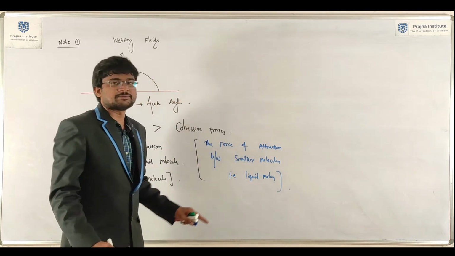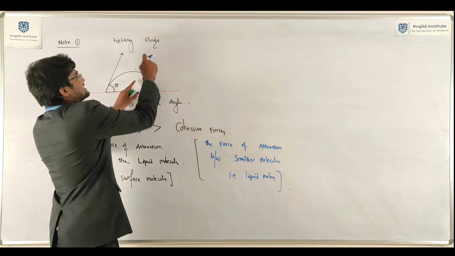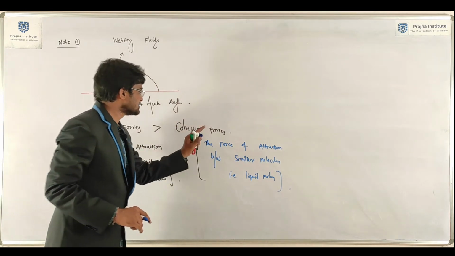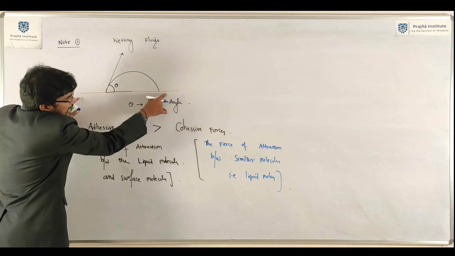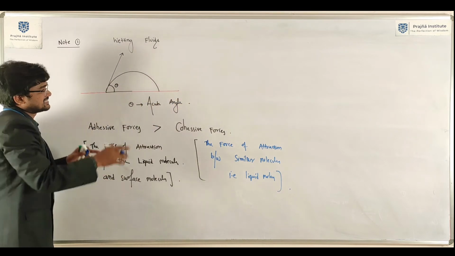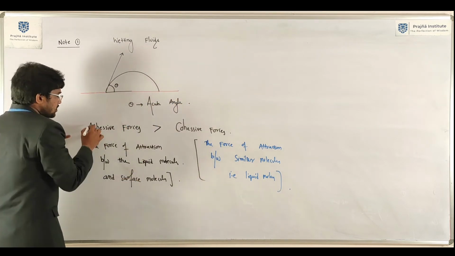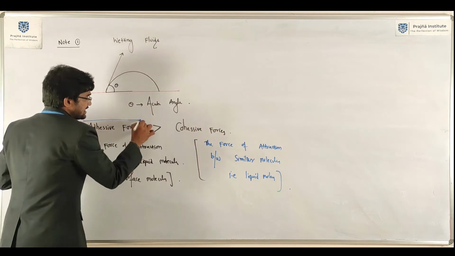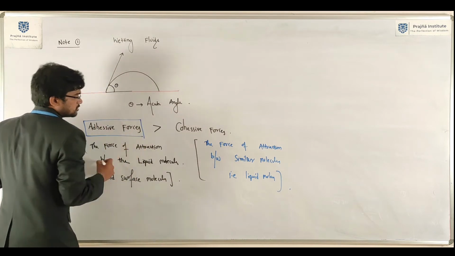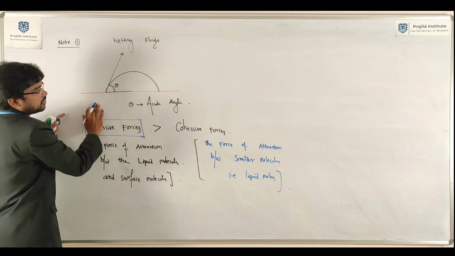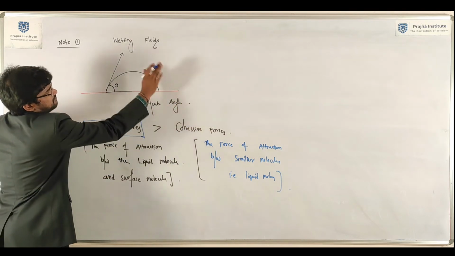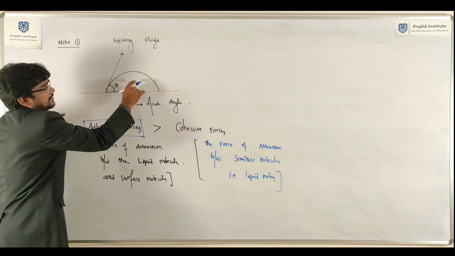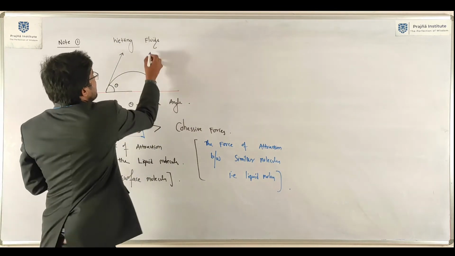The force of attraction between one liquid molecule and an adjacent liquid molecule is cohesive force. The force of attraction between liquid molecules and the surface molecules is adhesive force. Here, adhesive forces are higher than the cohesive forces. In that case, the liquid will spread over the surface. You can call it a wetting action. That kind of fluid is called a wetting fluid.